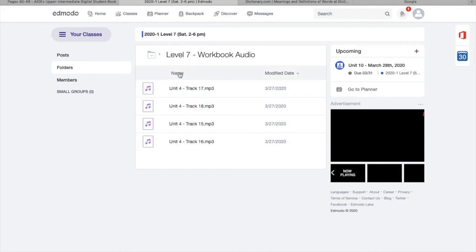Here you can sort them by name. There, 15, 16, 17, and 18. If you look at the book, it says the number of track that you need to access. And for example, if you want to listen to track 15, you do the same as we did with the class audio. Download, and you can start listening. Track 15. A. I definitely don't feel up to it. Okay.